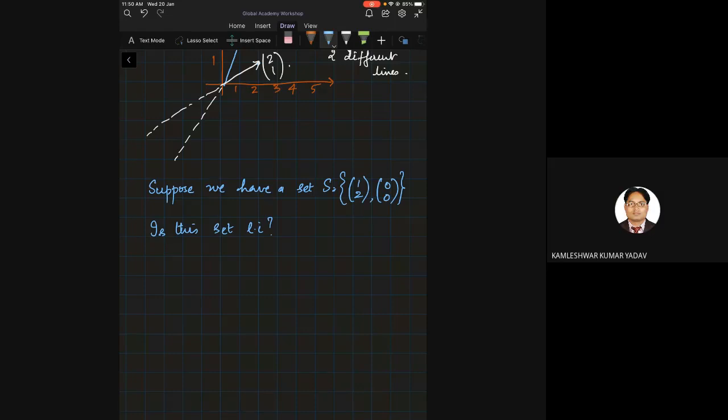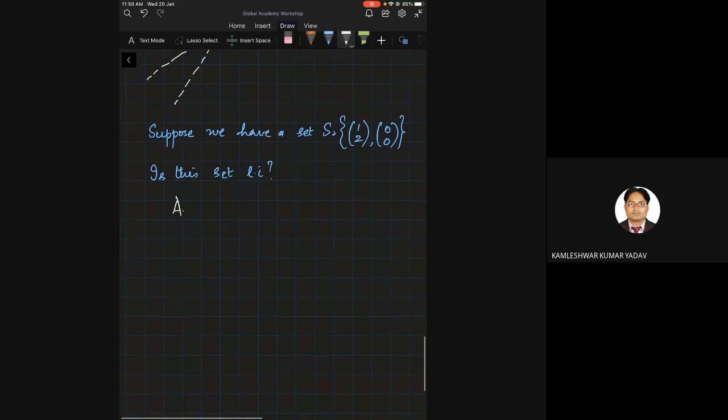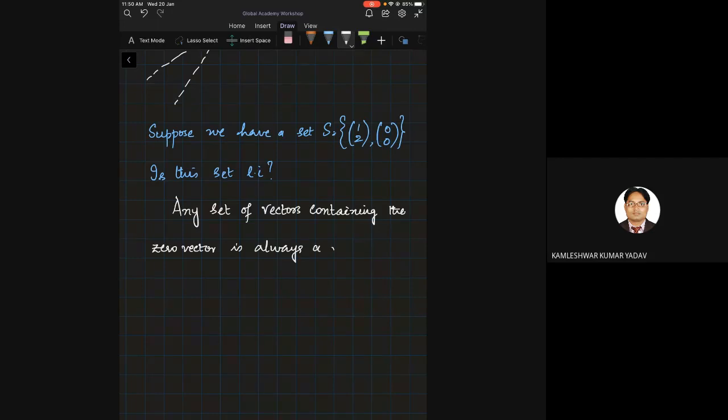Because the line through (1, 2) is also passing through the origin, and both are diverging to the same point. So the conclusion that we must say is: any set of vectors containing the zero vector is always a dependent set.